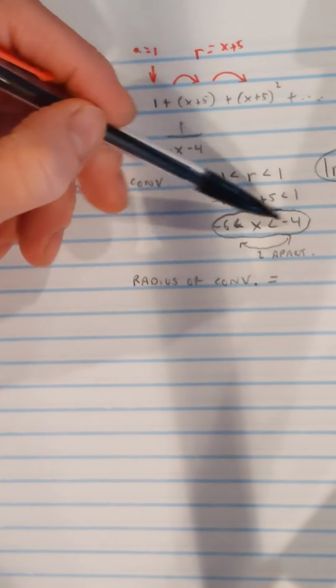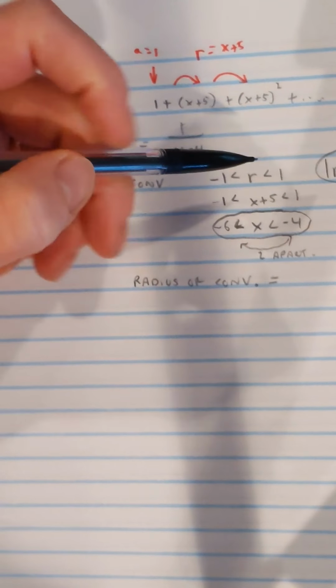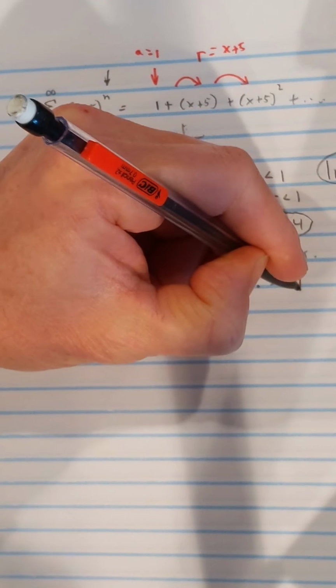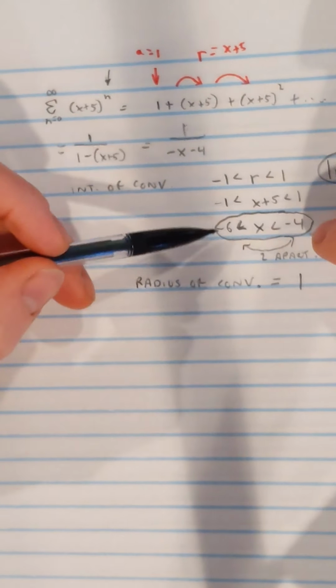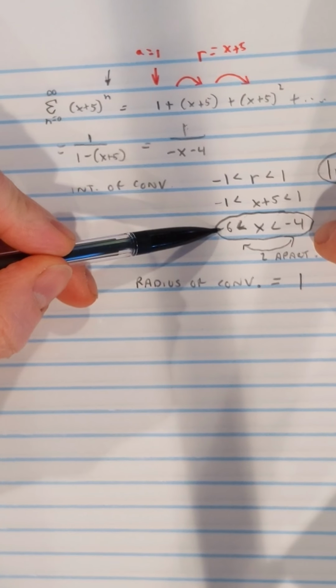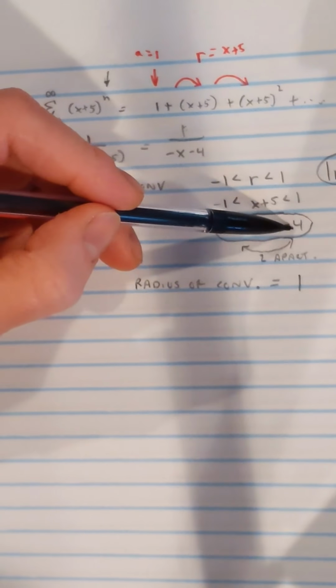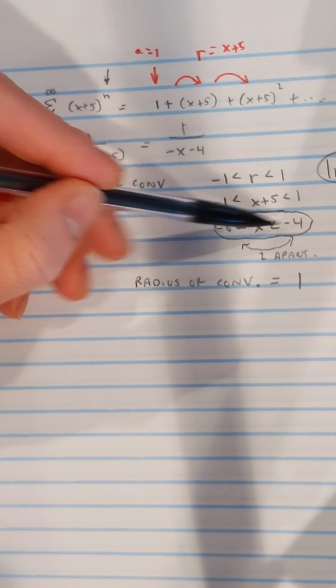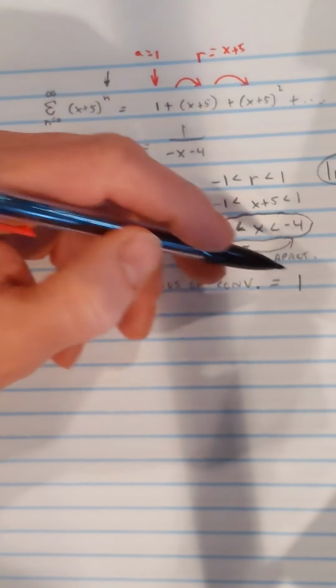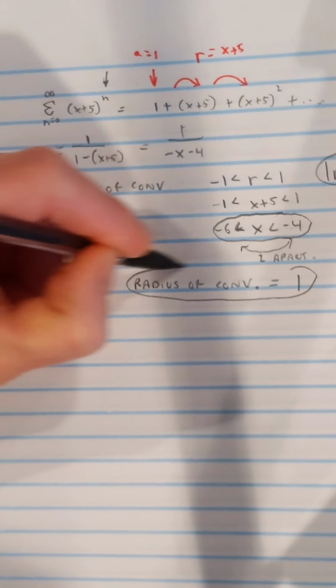There's a total of 2 units between it. So my radius of convergence is 1 because it's half of my interval of convergence. So there's a distance of 2. My center is -5, meaning I have a radius of 1 on each side. So radius of convergence. We'll see that again here in a second.